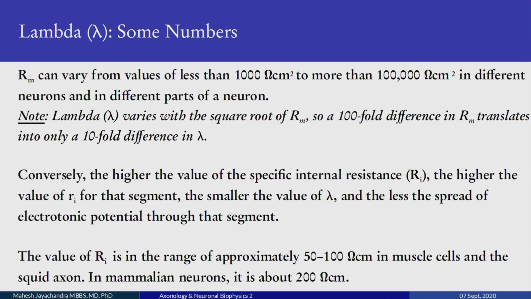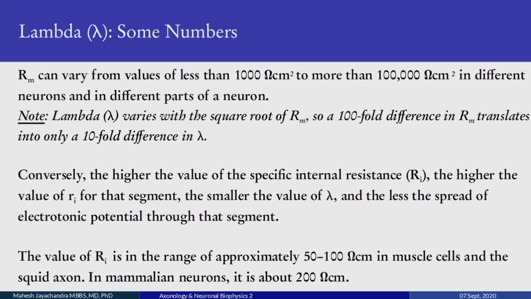Note that lambda varies with the square root of Rm, so a 100-fold difference in Rm translates to only a 10-fold difference in lambda. Conversely, the higher the internal resistance, lowercase ri, for that segment, the smaller the lambda and the less the spread of the potential through the segment, because the resistance prevents the electrical current from spreading.